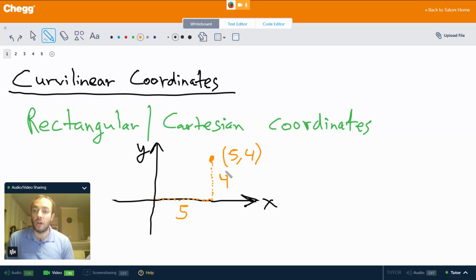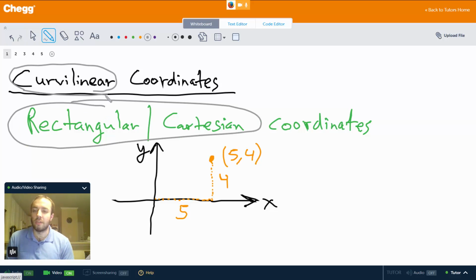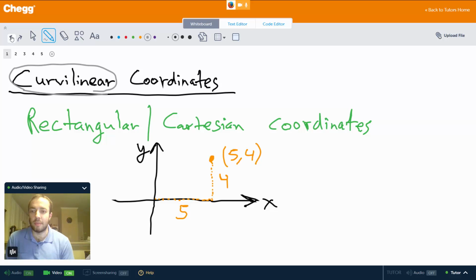Now, there are other ways of expressing the location of this point, and that's sort of where this curvilinear coordinate system comes in. So the word curvilinear does not actually refer to one specific coordinate system in the same way that this does, but really curvilinear is a general term that describes many different types of coordinate systems that we could have. And we'll talk about some of them in this video. So what are they? Well, another type that we could have is polar coordinates.